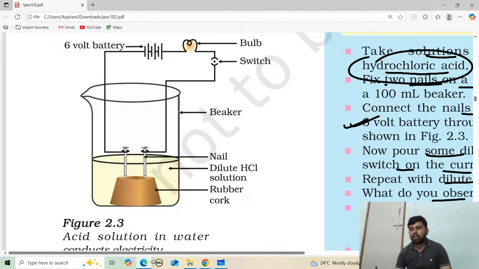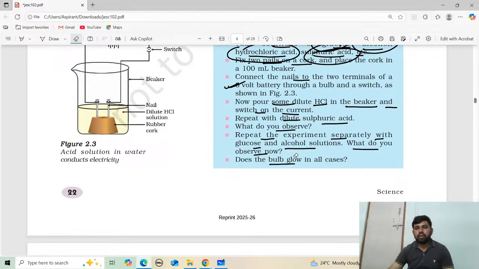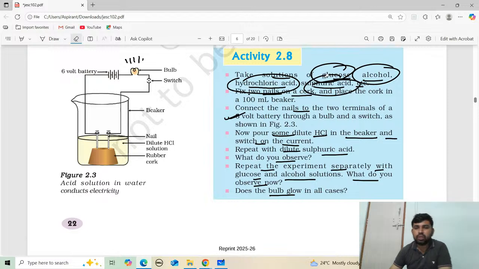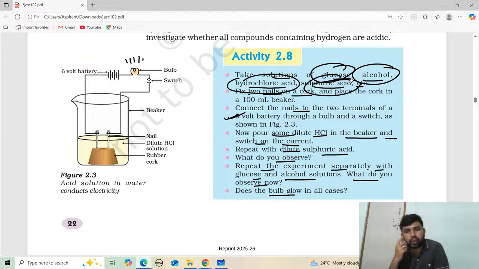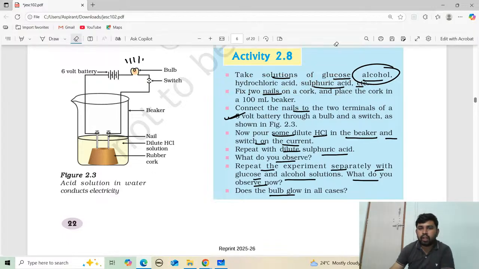They are asking you to take solutions of glucose, alcohol, hydrochloric acid, and sulfuric acid.